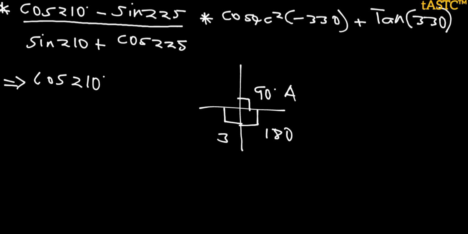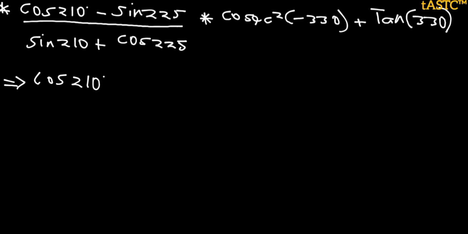Now we have ASTC. So in this case, it's only tangent that is going to be positive. So every other trigonometric ratio would give us a negative answer. So that is going to be a negative cos. Now obviously this is greater than 180 degrees. So we should have 210 minus 180 degrees.